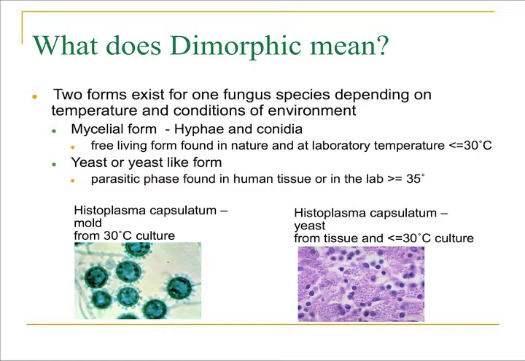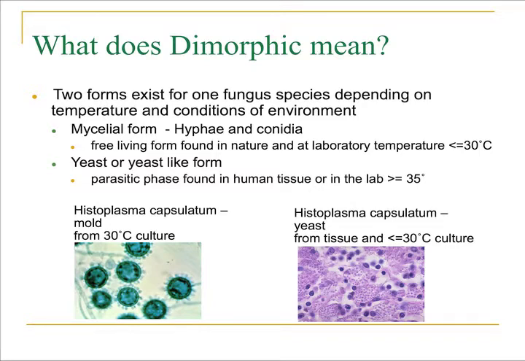On the right-hand side is the parasitic or yeast phase that occurs in the tissue. It is yeast cells 4 to 6 microns in size, and this would also be what would grow in the laboratory at 35 degrees. So it is the same organism, however, due to the different conditions that you place the organism in, you would have either a mold form or a yeast form.